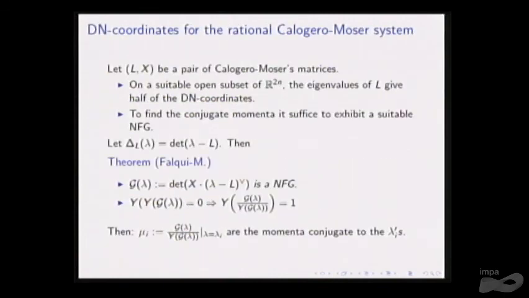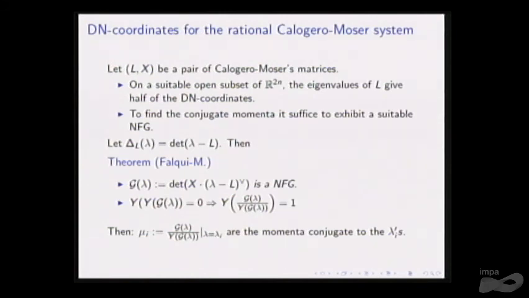So going back here, I'm just looking at this open set where L gives us the Darboux-Nijenhuis coordinates. And now the problem is to find this Nijenhuis function generator with all these properties, because I want to find the conjugate momenta.